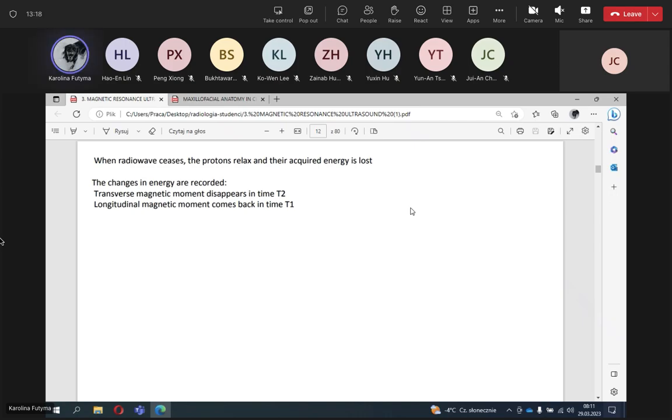When the radio wave ceases, the protons relax and the acquired energy is lost. As we mentioned before, we have T2 time and T1 time, so they are changing. There are differences between them in the shape of the magnetic moment.